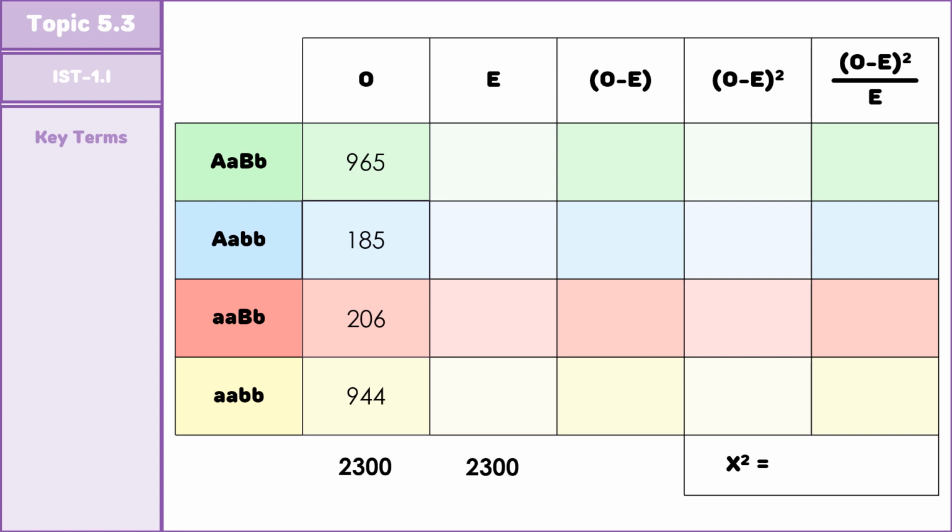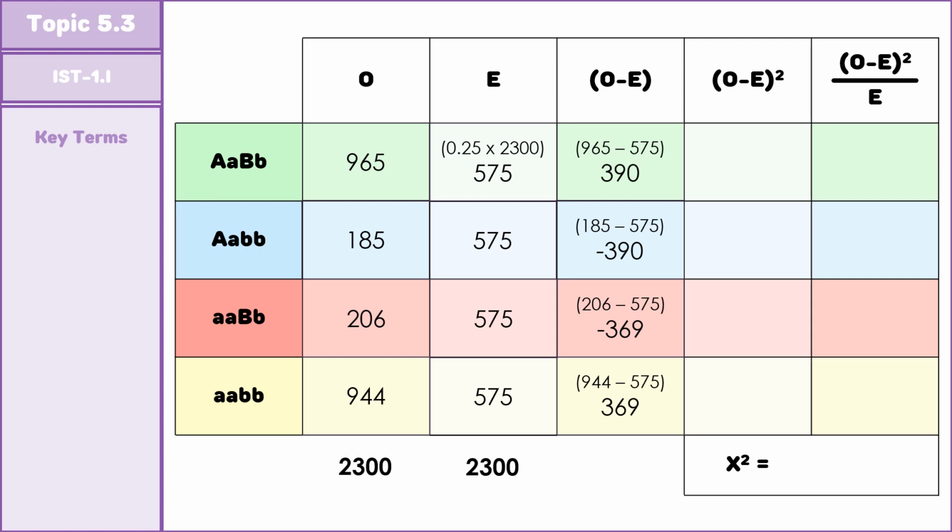So we would expect a quarter of each of those, so 575. And then we would subtract observed minus expected: 965 minus 575, 185 minus 575, 206 minus 575, 944 minus 575, and that would give us our first column's worth of values.